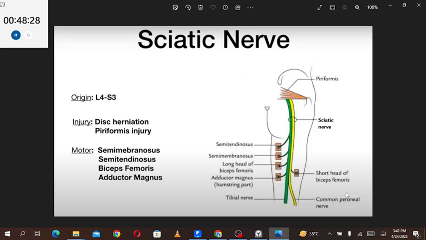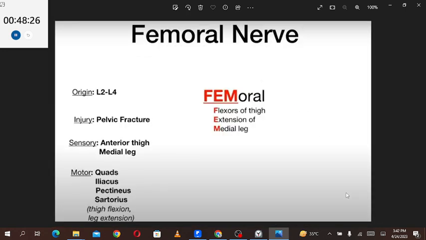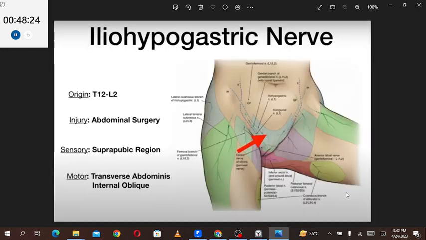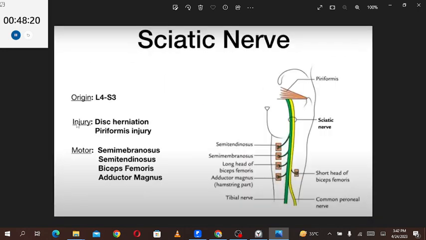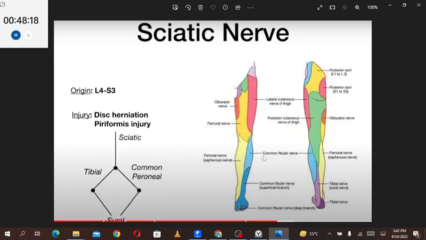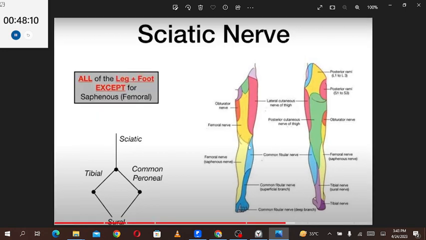The saphenous branch is basically supplying the medial part of the leg. I don't have a picture of that, but with that exception, all of the leg and foot is being supplied by the sciatic nerve, the cutaneous innervation per se.